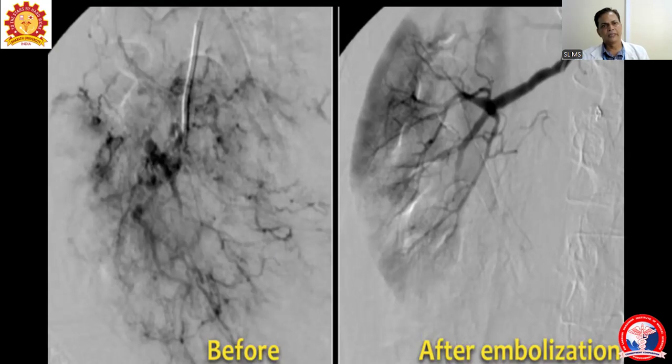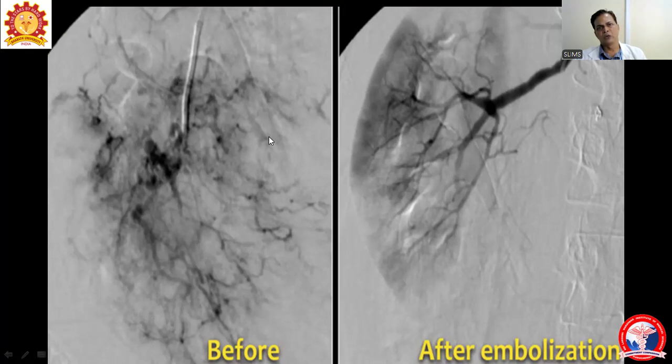What we are selectively seeing enhancement in the kidney is a large angiomyolipoma having rich vasculature, and abnormal vessels showing ectatic as well as irregular pattern and little cloudy kind of appearances here. And this is angiomyolipoma. It's such a large angiomyolipoma.